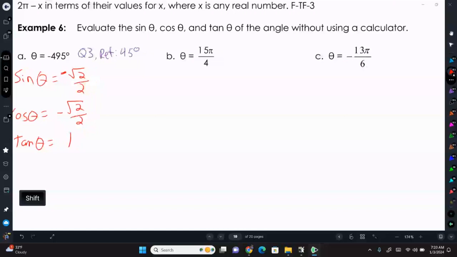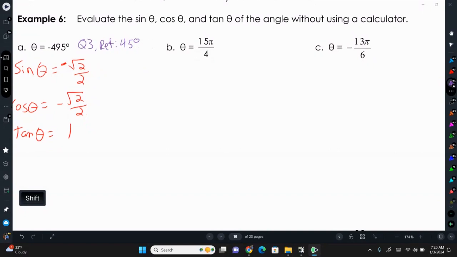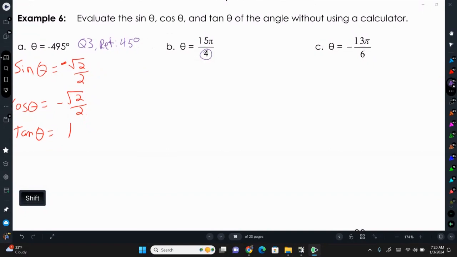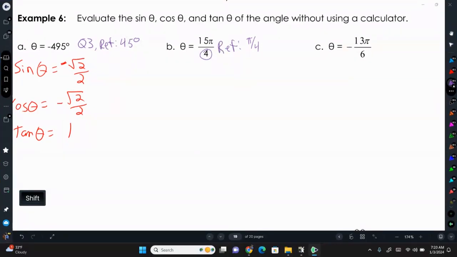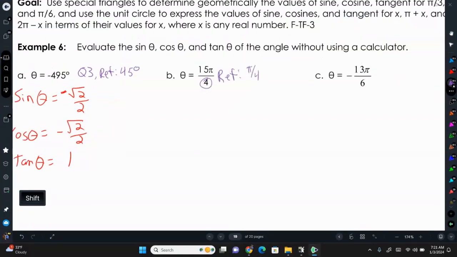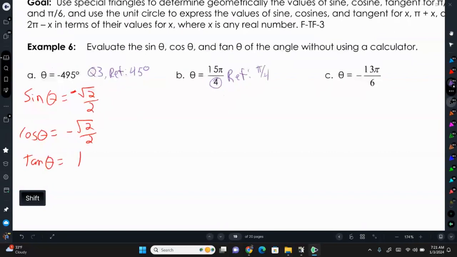All right, then letter B, we have 15 pi over 4. Again, the reference angle is going to be pi over 4, because that's what our denominator is. So that's the easy part when it's in radians. But we have to figure out what quadrant we are in. So if we subtract a full circle, we get 15 pi minus 8 pi over 4.